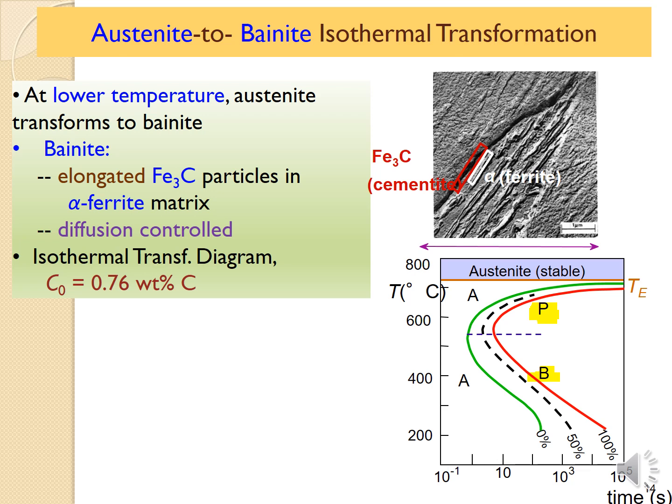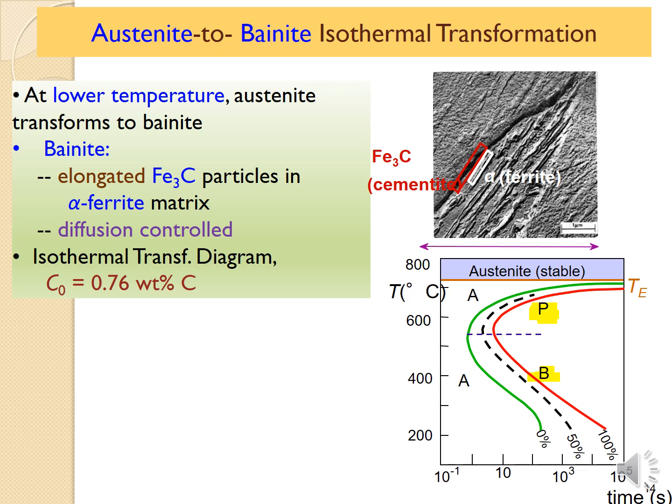We said bainite is also a two-phase microconstituent, which has alpha ferrite and cementite. So it has elongated cementite particles in a ferrite matrix, and it is diffusion controlled. So a slightly different microstructure than pearlite, but exactly the same microconstituent.